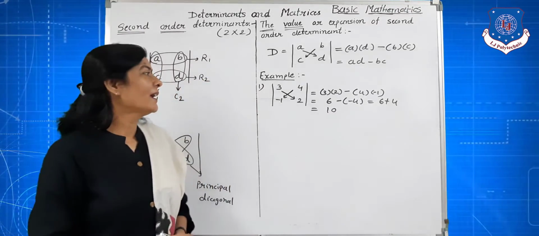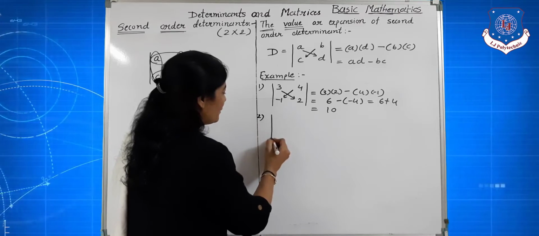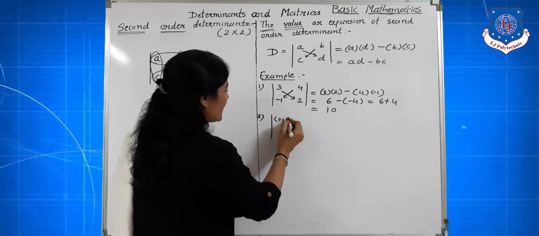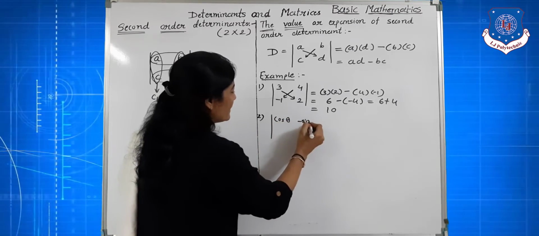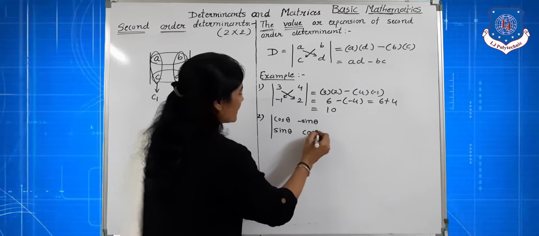Okay. Now second example, value of determinant cos theta, minus sin theta, sin theta, cos theta.